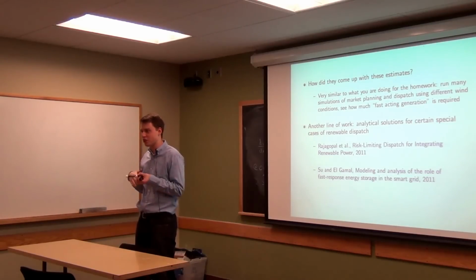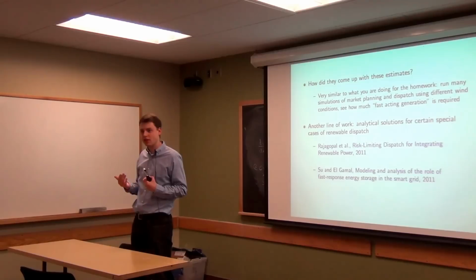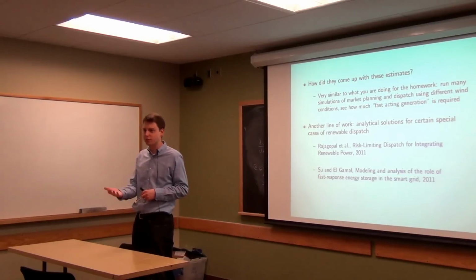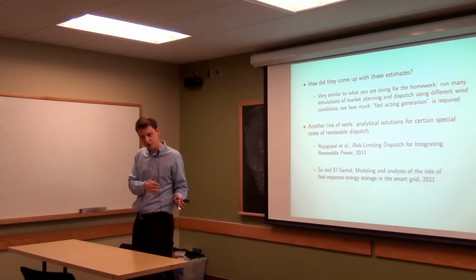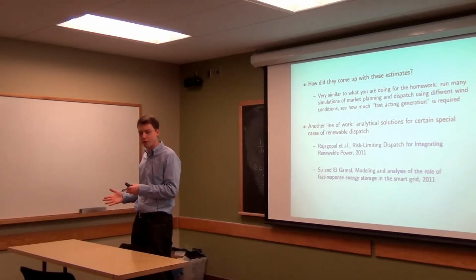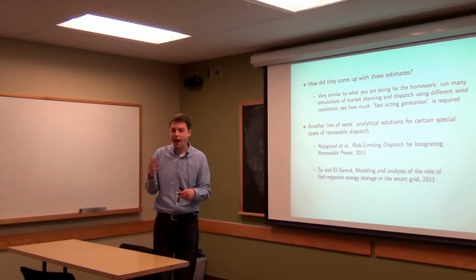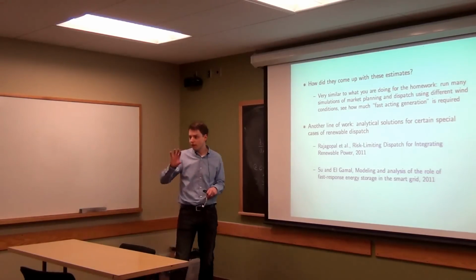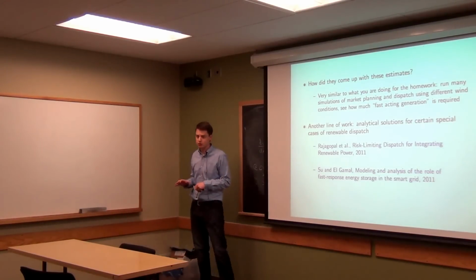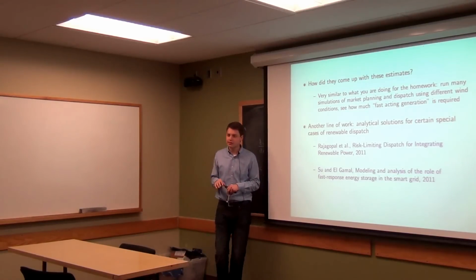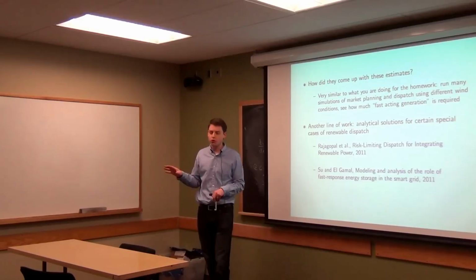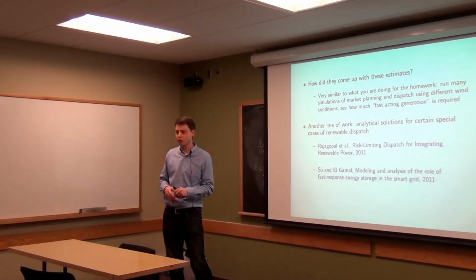We don't have storage anywhere on that scale right now, so the way we go about solving all these things is some combination of intelligent planning, the right market structures, some amount of storage, and prediction, right? Doing the best we can to predict what's going on. And all those things coming together is really how renewable integration is going to be dealt with. And so all the issues we covered in this class, from optimal power flow to prediction to control, all factor in to how we do renewable integration.